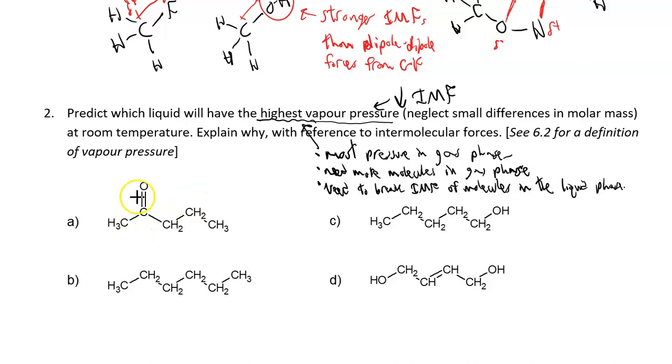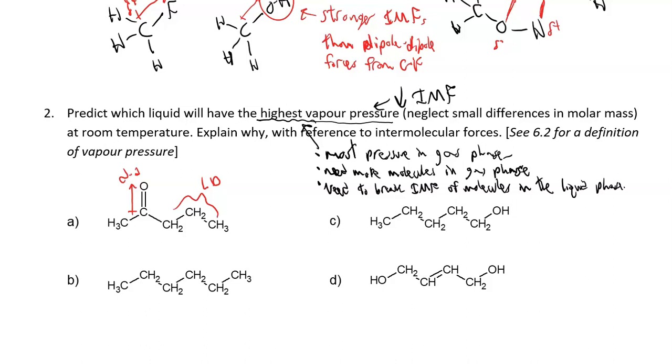So if we look at this molecule, just think of a million of these molecules together, stuck together from intermolecular forces. What's causing them to stick together? Well, there's a dipole here, so we have dipole-dipole intermolecular forces. And then we also have this nonpolar section, which can add London dispersion forces, and it's not branched.